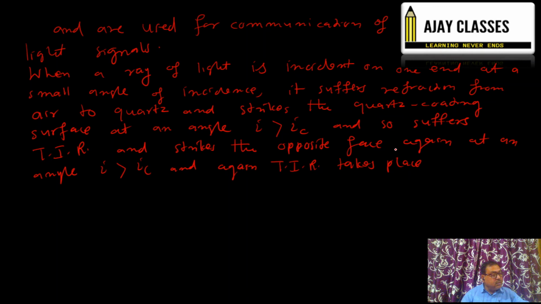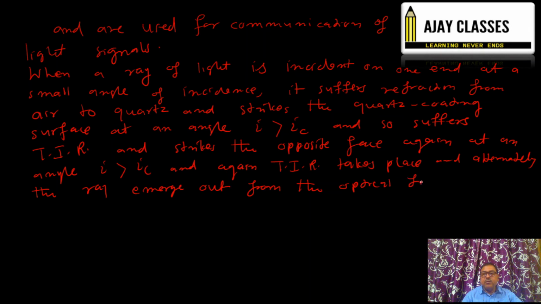Ultimately, we see that the rays within the fibers suffer total internal reflection, and ultimately the ray emerges out from the optical fiber, from the end B.